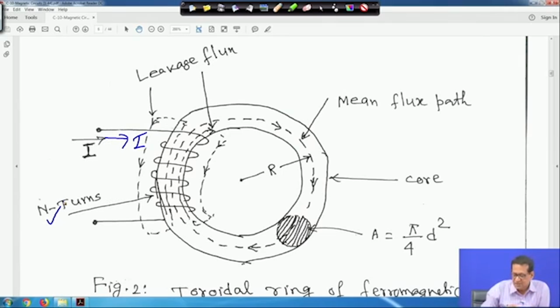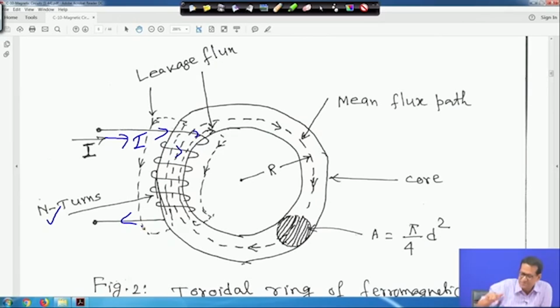Here we have to understand the first thing: the leakage flux path is also shown, and this is the mean flux path. Now, the question is, if you have a coil, you wrap the coil like this, you grasp the coil like this, and this is the current entering, and finally the current is leaving.